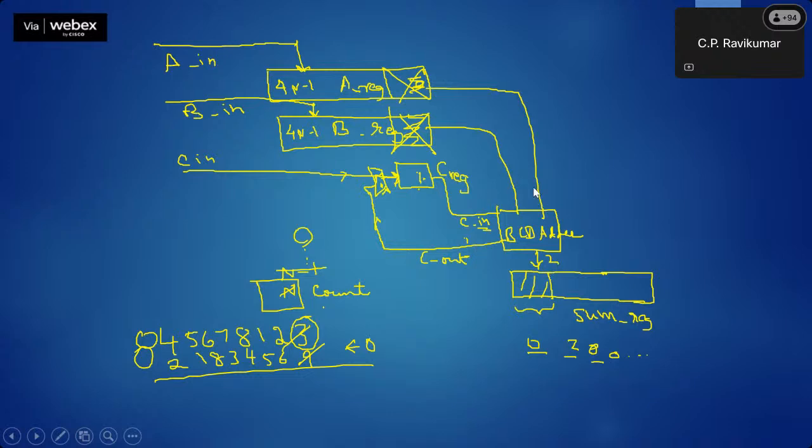So the clock will be decided by this. If you know this delay of the BCD adder, then that number multiplied by the number of clock cycles is what this is going to take.